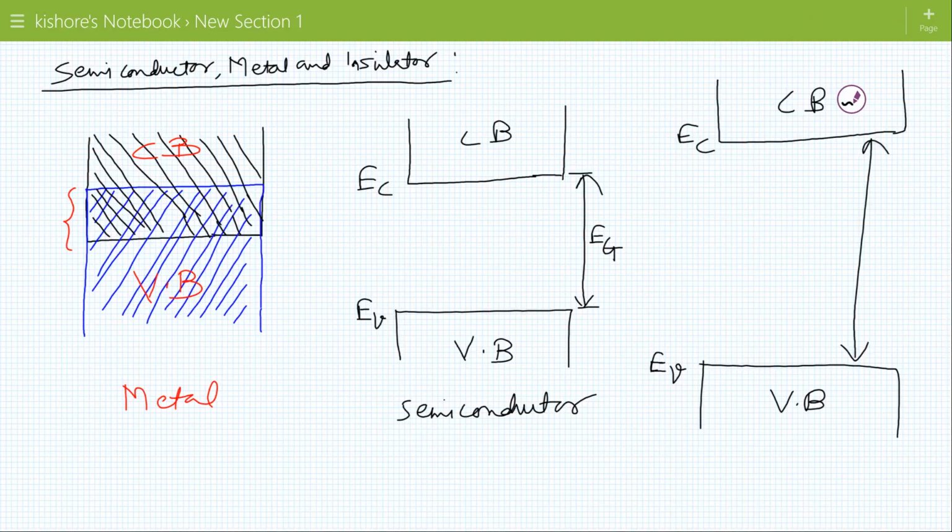This is forbidden energy gap, which is 5 to 6 electron volts. This is the energy band diagram for insulator.